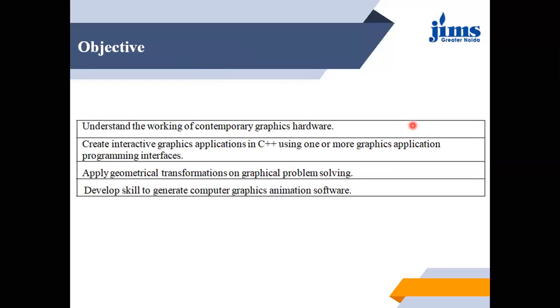The objective of computer graphics is that we will try to understand the working of graphics hardware as well as software, and the working of different elements of the computer.